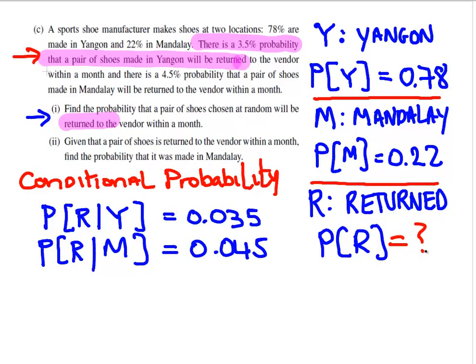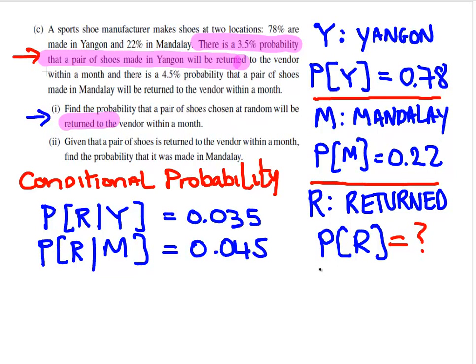I'm going to say two things here. We have two locations for shoes. The shoes can either come from Mandalay or they can come from Yangon, and that's it. So if a shoe gets returned, it comes from Mandalay or it comes from Yangon.